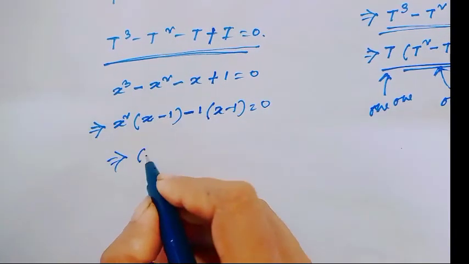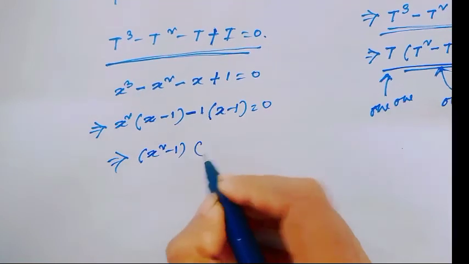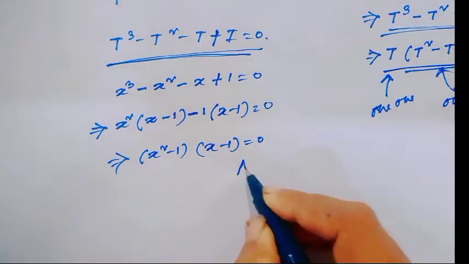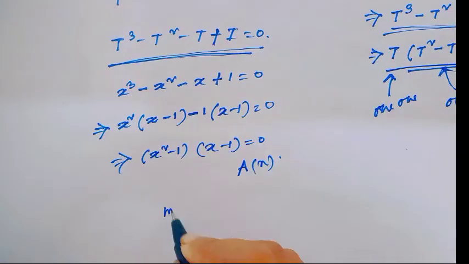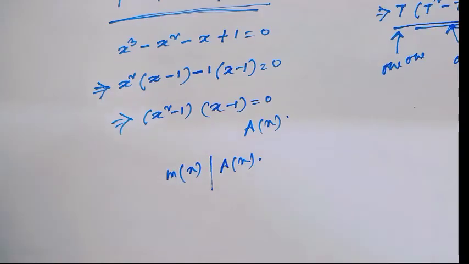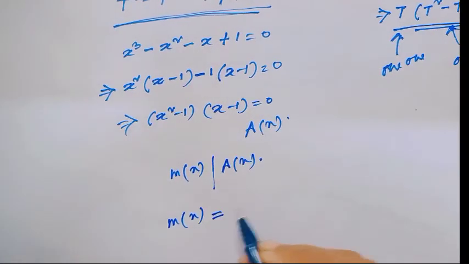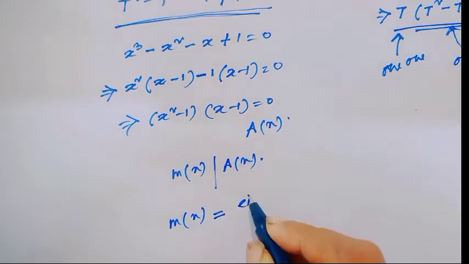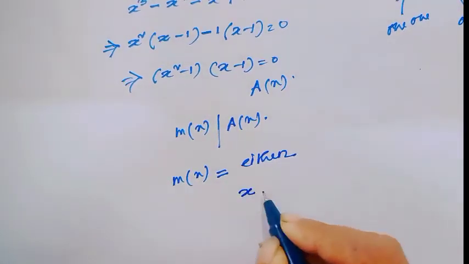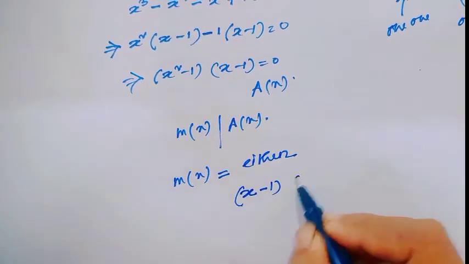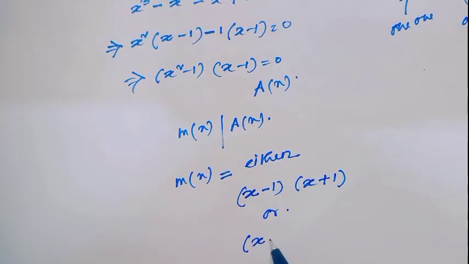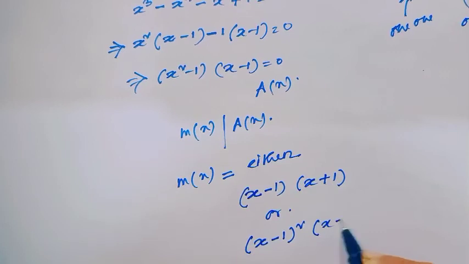That means this would be x square minus 1 times x minus 1 equal to 0. This is the annihilating polynomial. Since the minimal polynomial always divides the annihilating polynomial, the possibility of the minimal polynomial is either x minus 1 times x plus 1 or x minus 1 whole square times x plus 1.